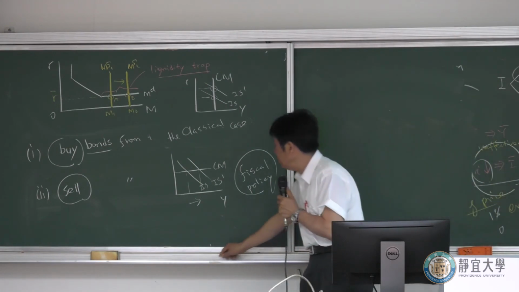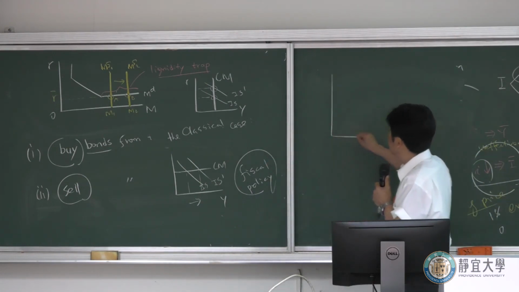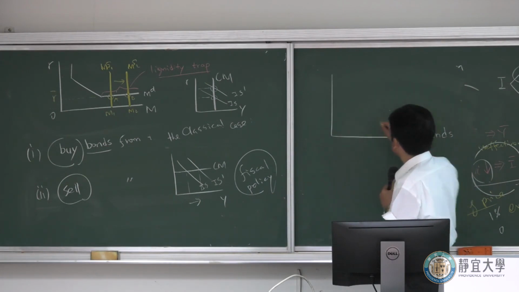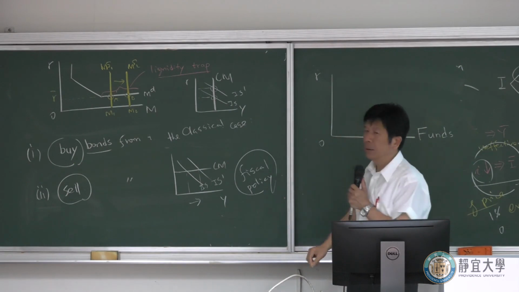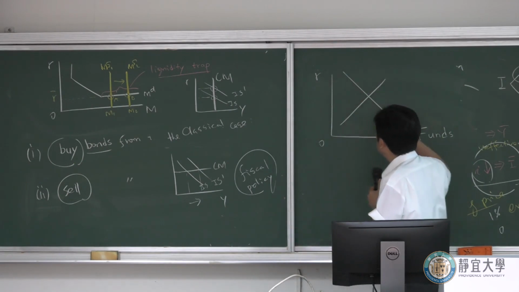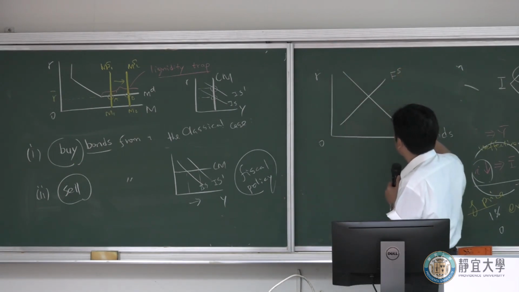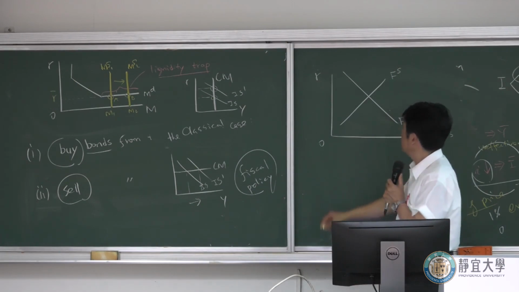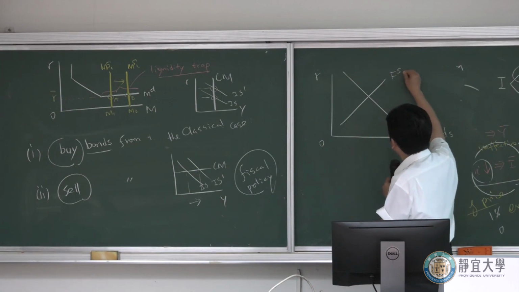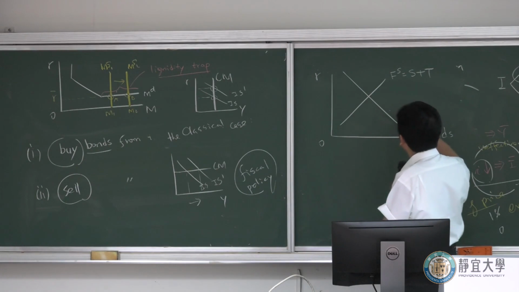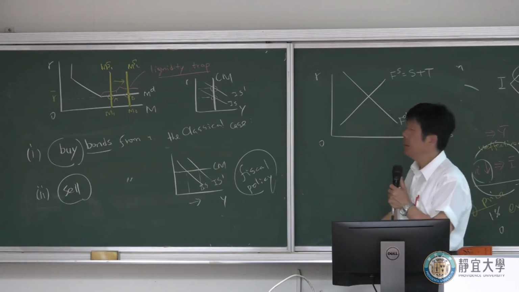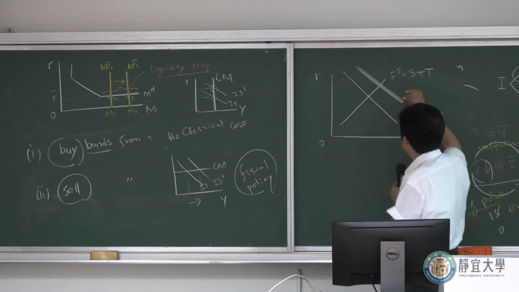For example, this is funding and this is the interest rate. Here you can see the fund supply and the fund demand. The supply depends on S and P, and this is I and Z. Here we just make an assumption.